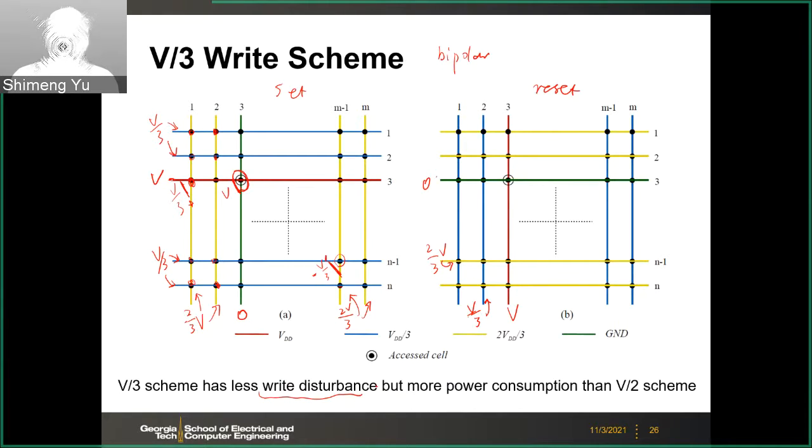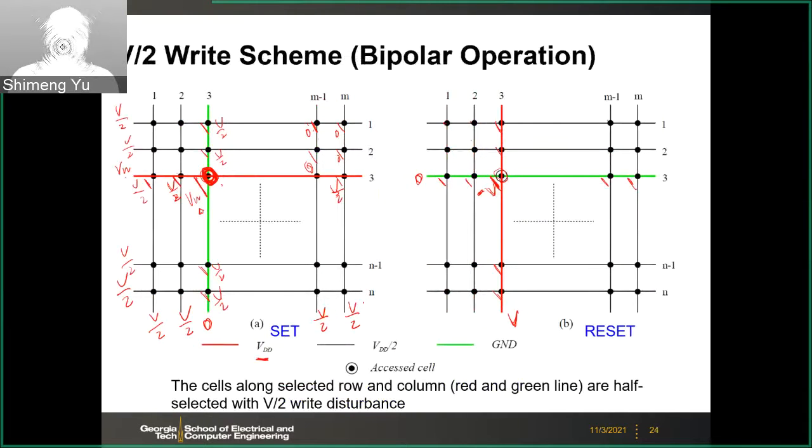Because in the previous case, V/2, you will only have the power consumption along the selected row and selected column because you have V/2 across them. But for the other cells, ideally you will see 0 voltage across them. Therefore, the whole array's power consumption might be less in the V/2 scheme.